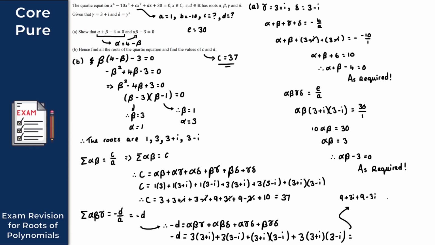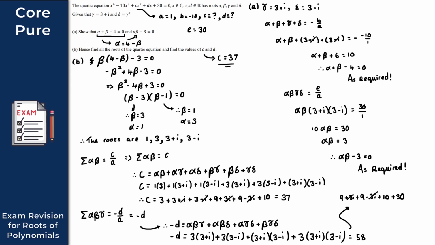And I just get 10 here. So plus 10. And here I get 3 lots of 10, right? So just get 30 there. Like so. So this 3i and this minus 3i just cancel. So I've got 9 plus 9, that's 18. And plus the 10 here, that gives me 28. And then plus another 30 here, and that just gives us 58 here.